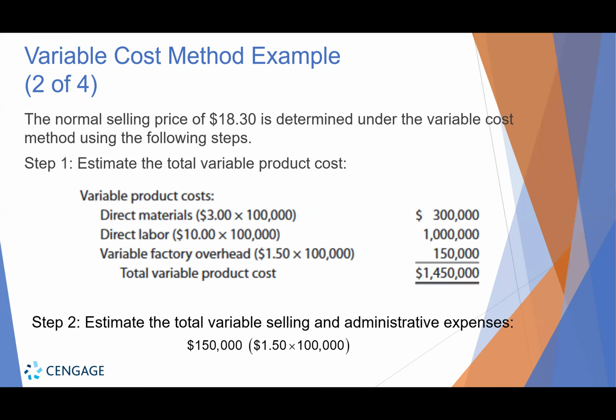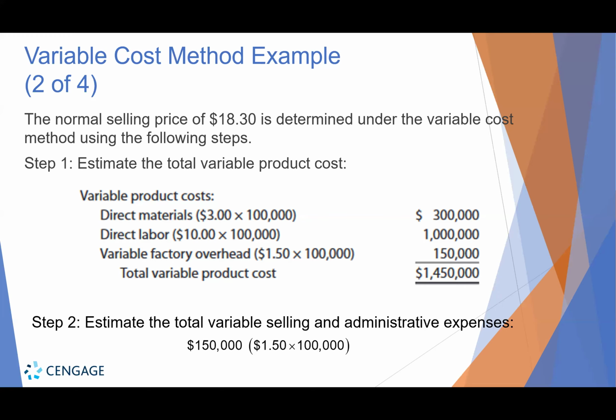So in this case, we've got the normal selling price of $18.30. We determine that by our variable costs. We come up with our variable product costs. And then we estimate our total variable selling and admin expenses.